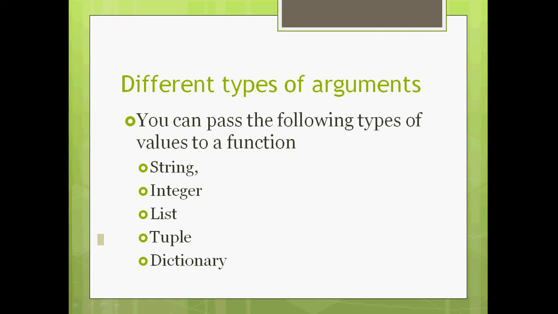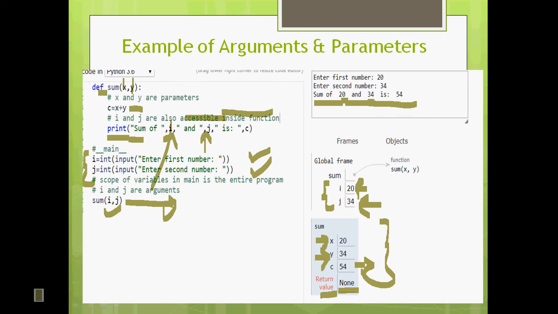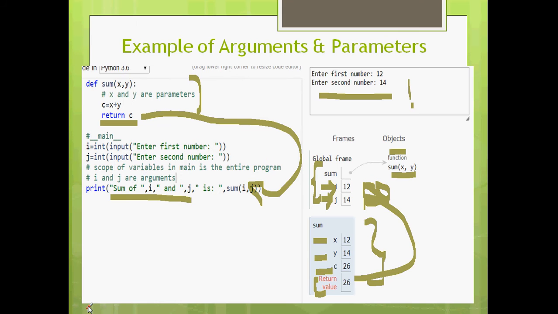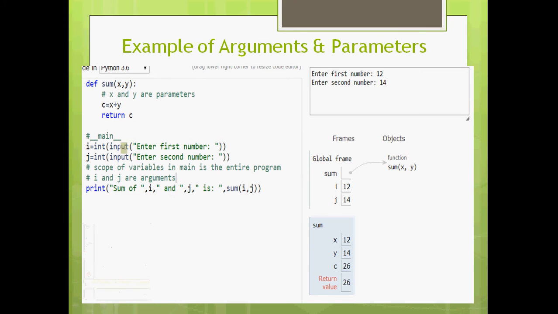In the previous examples, we sent integers. i and j were integers. Look at this, integers, and in the previous program here also, i and j were integers. So these integer values we pass to the function through the function call.